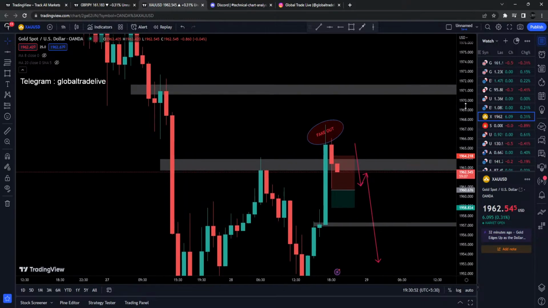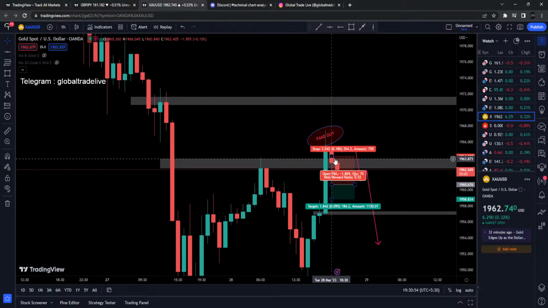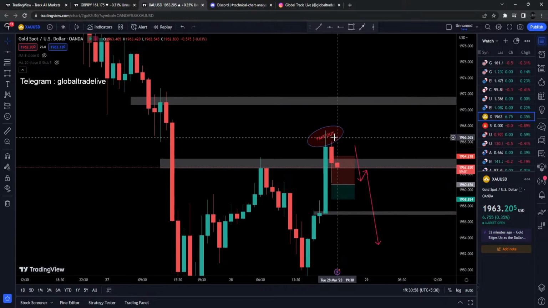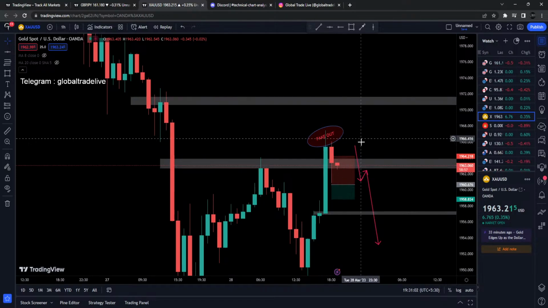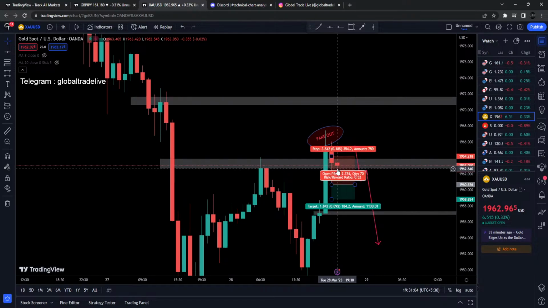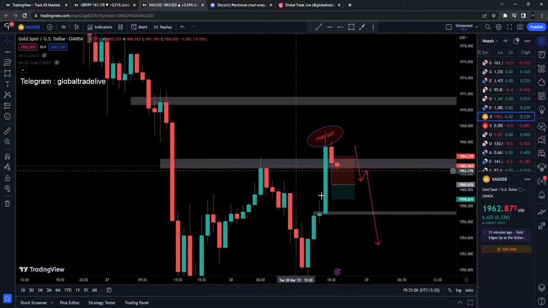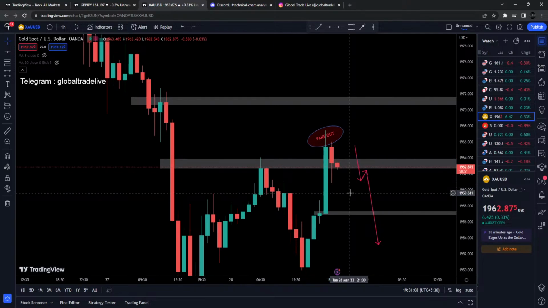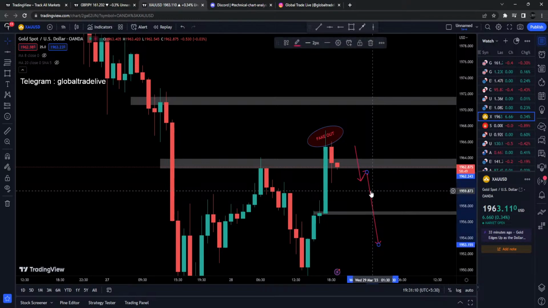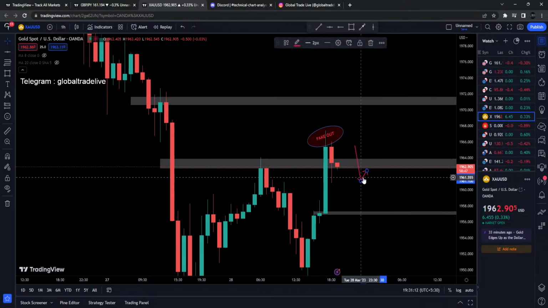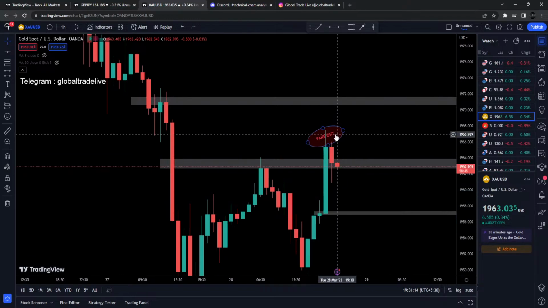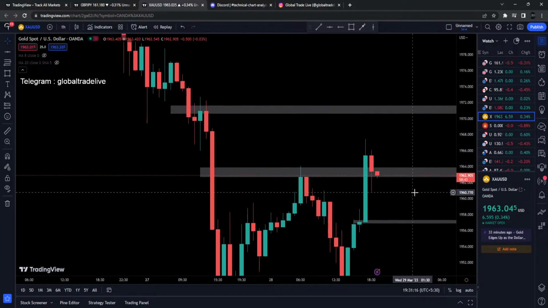So now what I'm thinking over here is, I need this 1 hour candle to move up, break this high, and then continue moving up. If now we are not gonna sell, now I'm gonna trade according to the 1 hour, because the plan has now changed. No fake out, nothing.